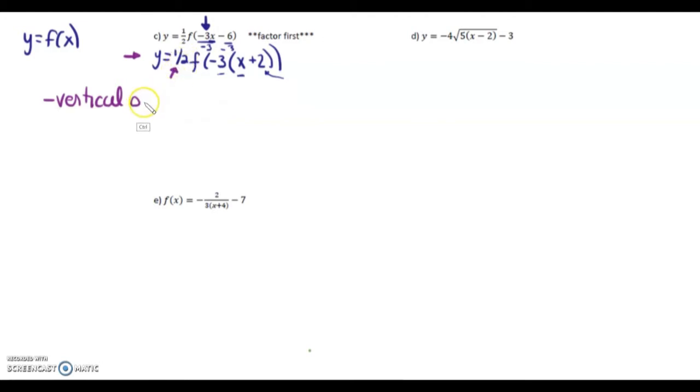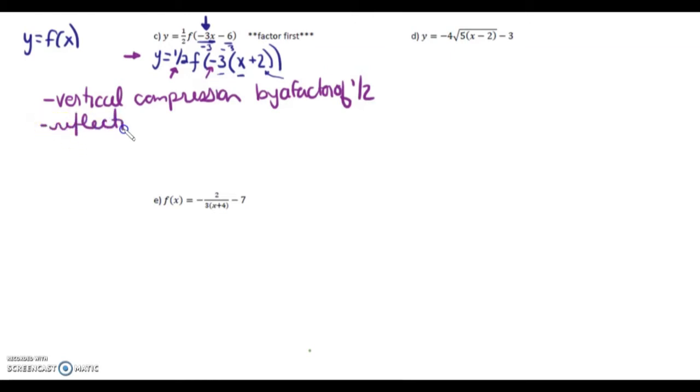Sorry, it's 1/2. Vertical compression by a factor of 1/2. Okay, the next transformation is this negative sign. So this is a reflection in the y-axis.